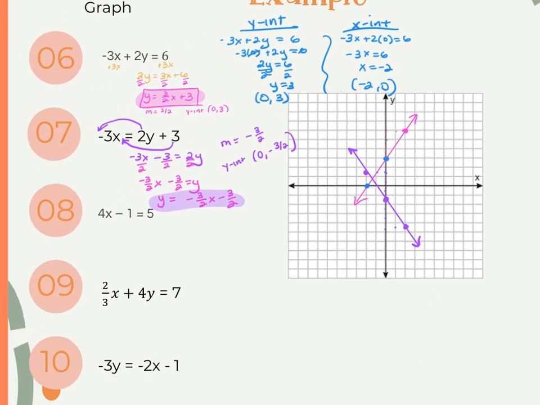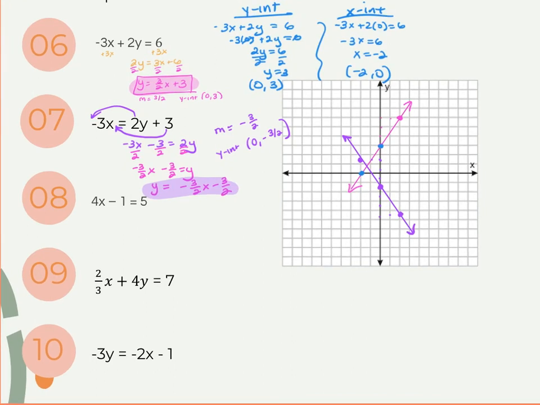All right, now look at 8. What do we notice about 8? There's no y. So if it's an x equals, what kind of line is this going to be? Undefined. The slope's undefined. Vertical. Good. So I'd get 4x equals 6. x equals 6 over 4, or 3 halves. My slope is undefined.